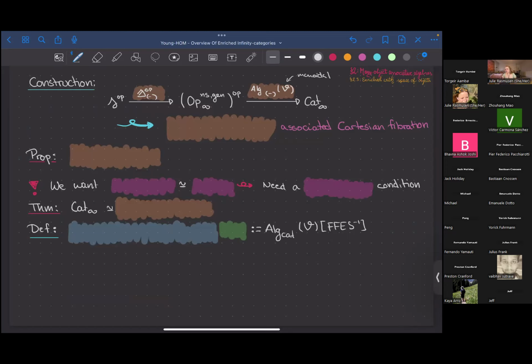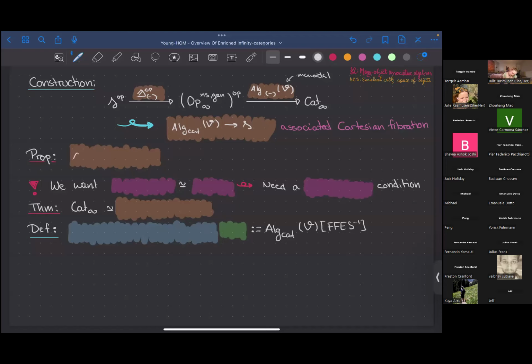And then we can take the unstraightening, one or the other, to obtain a category that we denote by Alg cat V to S, which is the associated Cartesian fibration. And the thing is, in the fiber over a space X, we will exactly have the categorical V algebras with space of objects X lying in that.